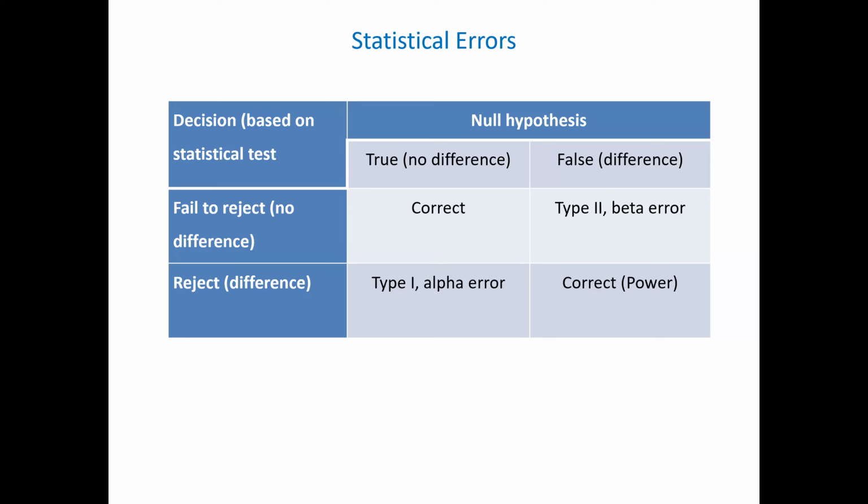The probability of committing type 1 error is the p-value you have been hearing of. P is probability. So the p-value you have been hearing of is a probability. So the probability of committing type 1 error is the p-value.